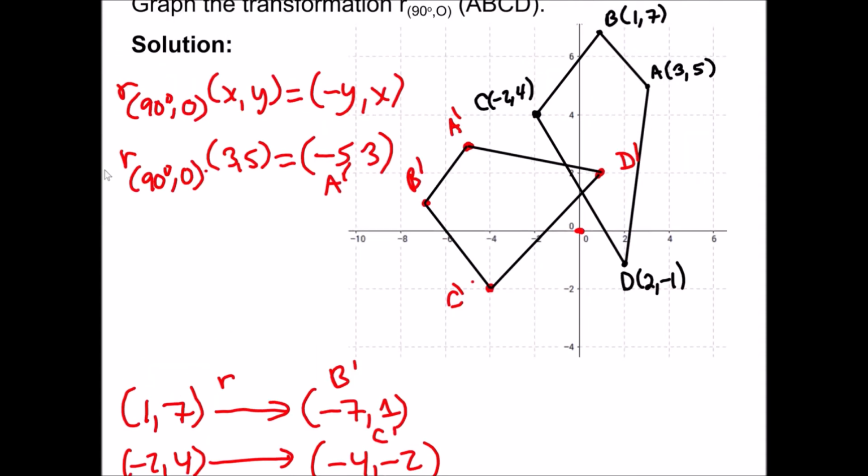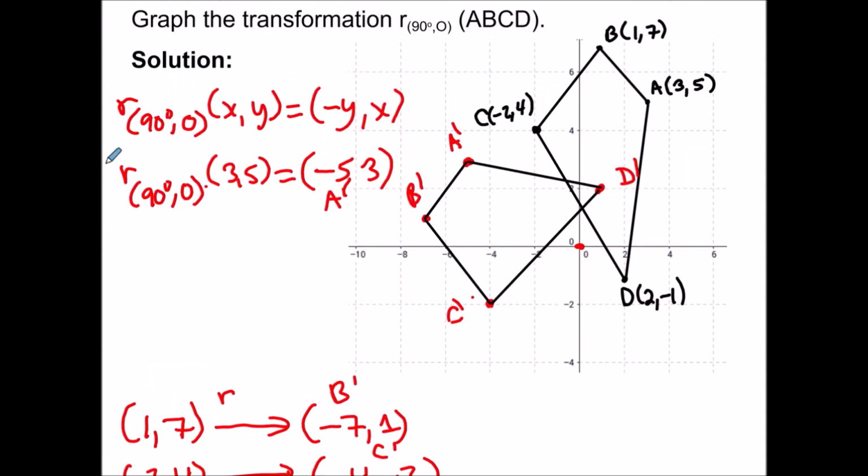And so you can see that this figure has been rotated a full 90 degrees. So you can kind of imagine that this has been rotated a full 90 degrees about the origin, of course. And that's how it would look if we rotated it.